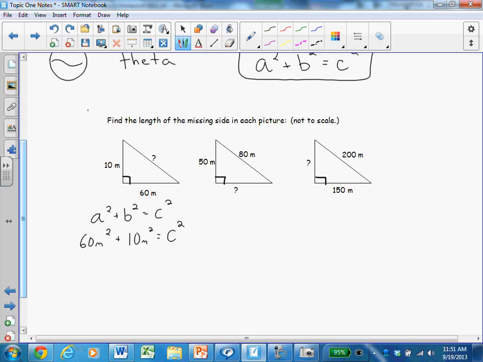And 60 squared plus 10 squared is 3,700 meters squared equals c squared. Then we could take the square root to solve for c, and we would get c equals 60.83 meters. Right?